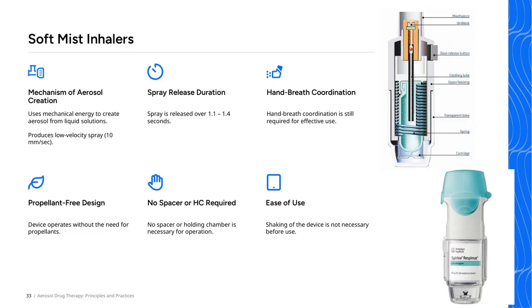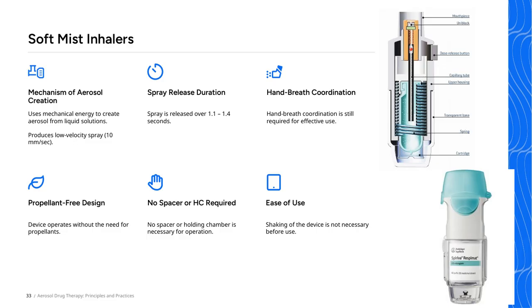However, it's important to remember that hand-breath coordination is still necessary for effective delivery of the medication. When you press the device, the spray is released over approximately 1.1 to 1.4 seconds, giving you a smooth, controlled spray. The mechanism behind this device is quite interesting. It uses mechanical energy to convert liquid medication into an aerosol.